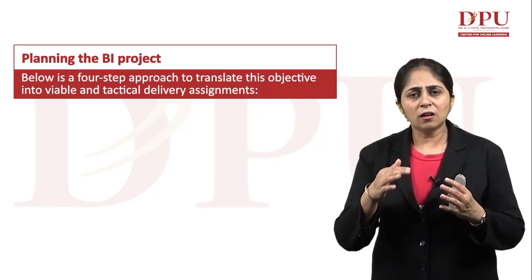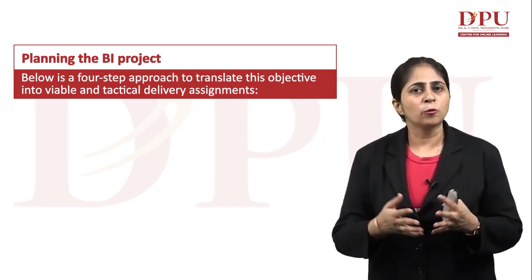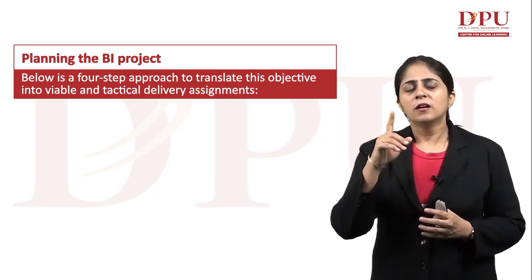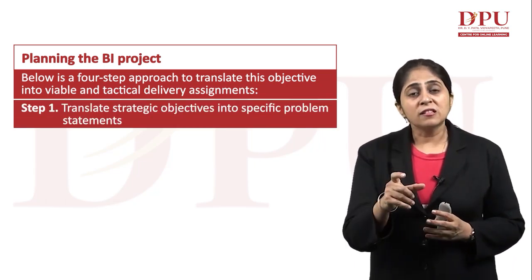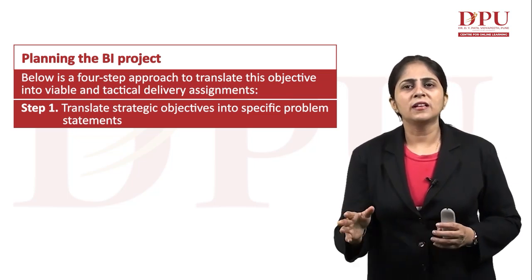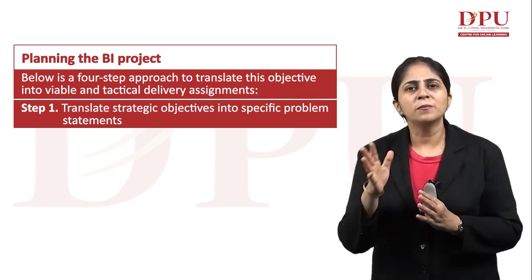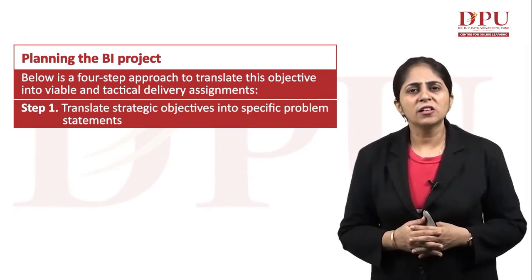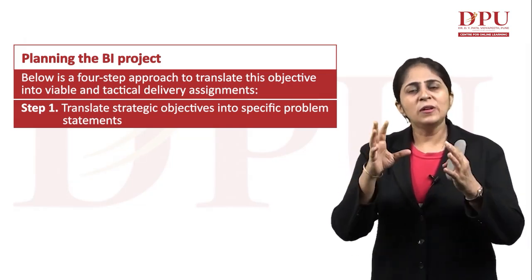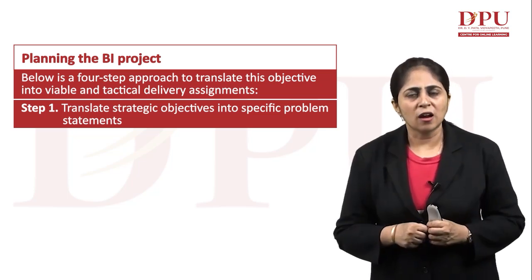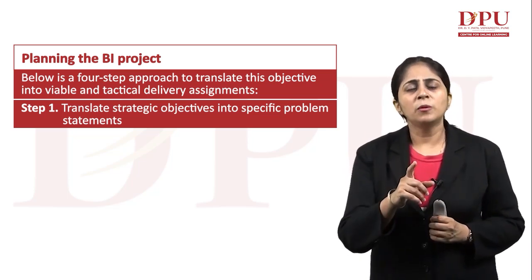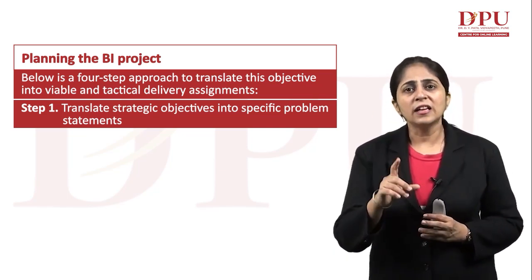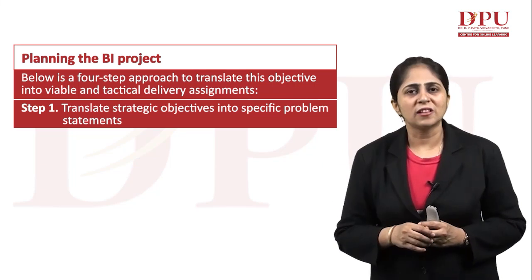In step 1, we translate the strategic objectives into specific problem statements. Why are we building this business intelligence project? So that we can achieve the objectives of the company. So the very first step is to translate these strategic objectives into specific problem statements.